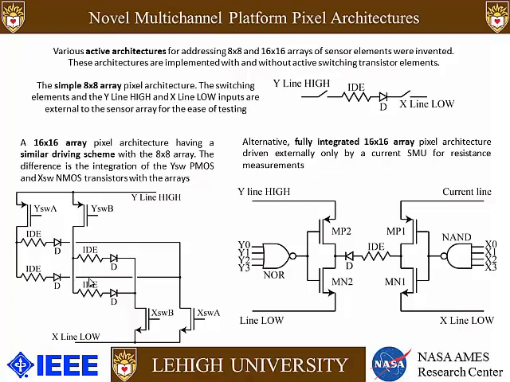Only PMOS and NMOS transistors were integrated with those arrays, and those PMOS and NMOS transistors have different terminals at the gates for Y switch A and Y switch B and X switch A and X switch B, where you can apply voltages to those switches and isolate one 8x8 array out of the four 8x8 arrays that make up the 16x16 sensor array. And X line low and Y line high were included externally with the switches. So the scheme of driving that approach is pretty similar to the previous one that we have used in our lab to measure the simple 8x8 arrays.